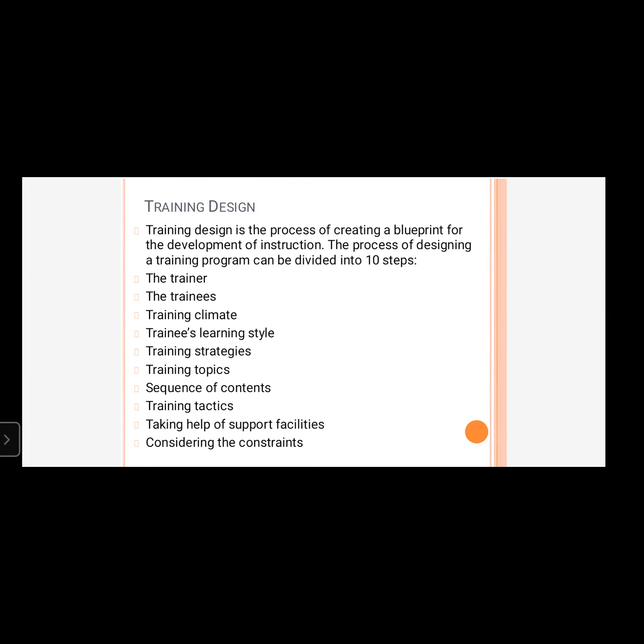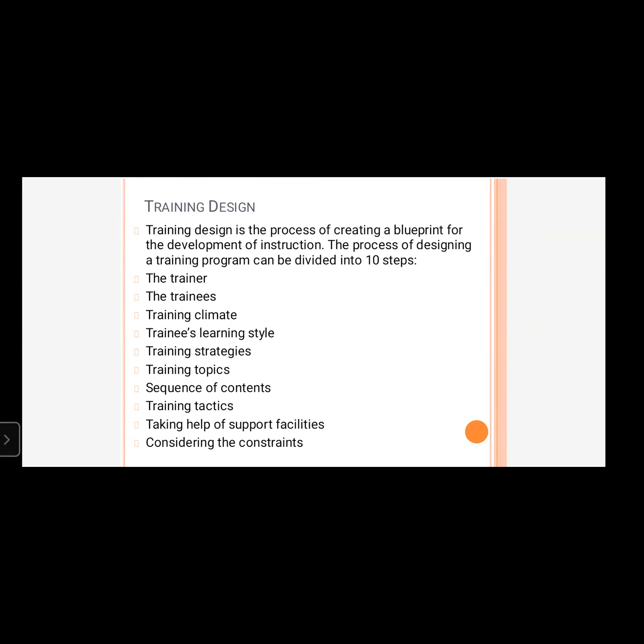Say a communication skills training was organized. The main objective of this training program is that after the training program, the trainees should have good communication skills. To achieve that objective, the organization or the trainer should find out how the trainees want to learn.